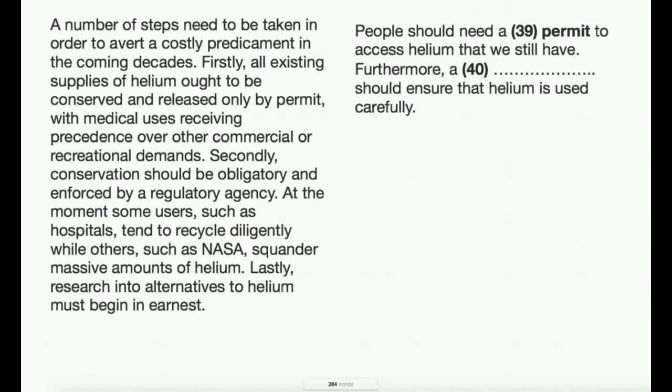If you want to have a go at question 40 yourself, then pause the recording now. So question 40, furthermore, a something should ensure that helium is used carefully. Now we know we're down to here, so we'll look at this part first. Secondly, conservation should be obligatory and enforced by a regulatory agency.